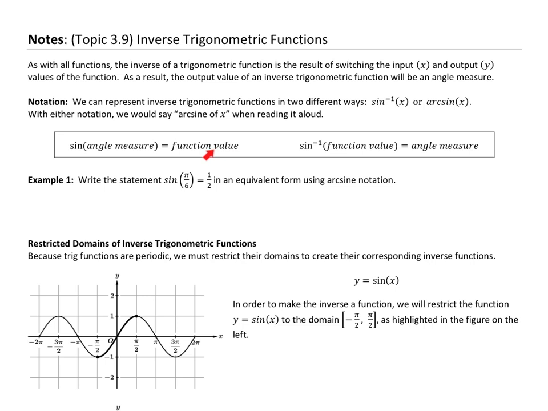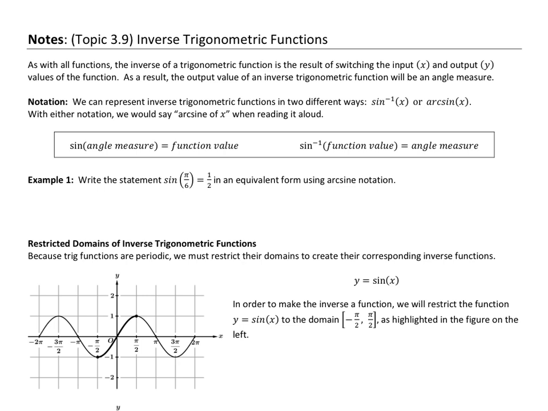But when you do inverse trig, those switch places. This time, for inverse sine, the function value is your input, the angle measure is your output. So now, I'm not asking you for function values like 1/2 or square root 3 over 2. I'm going to be asking you to think backwards and give me the angle at any particular function value. These are inverse operations, so they switch spots.